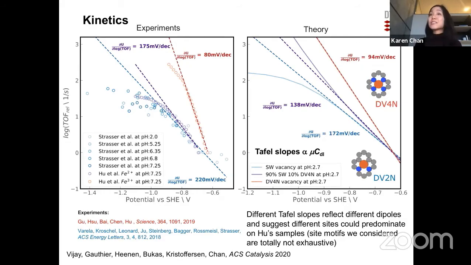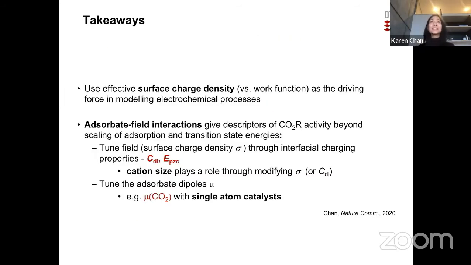And so then, just to summarize, the main takeaways: use surface charge density as opposed to the work function as the driving force in modeling your electrochemical processes. And that our adsorbate field interactions in electrochemical CO2 reduction give us new descriptors of CO2 reduction activity beyond simply the scaling of adsorption and transition state energies.